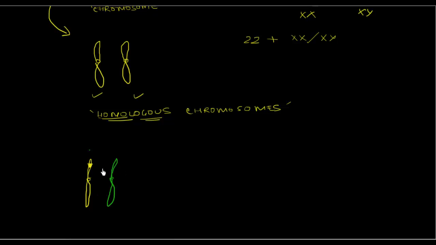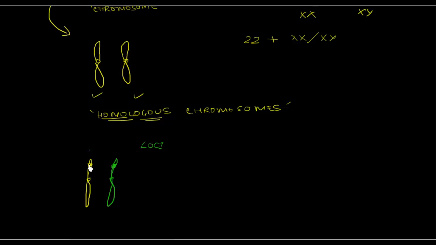Now, on its homologous chromosome, we can have the counterpart of the same gene exactly at the same location. Or I can say the address of these two genes is exactly the same on these homologous chromosomes. And these locations for the genes are known as loci.